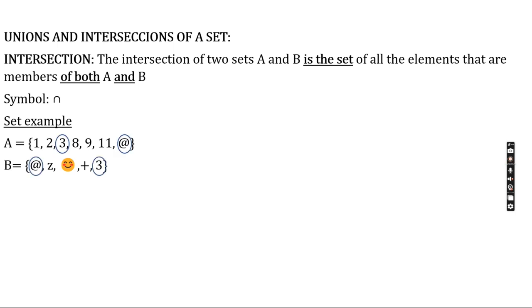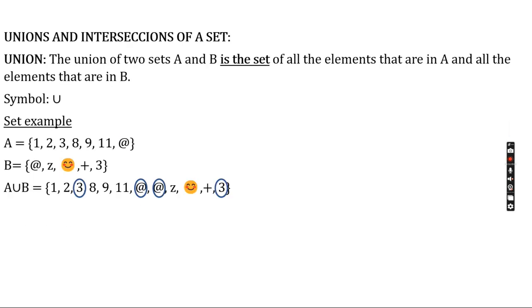In this case, the number 3 is repeated and the at sign is repeated. So the elements that are in both A and B define a new set that is the at sign and 3. How do you know it's a set? Because you have an equal sign, curly brackets, and the different elements inside the set are separated by commas.